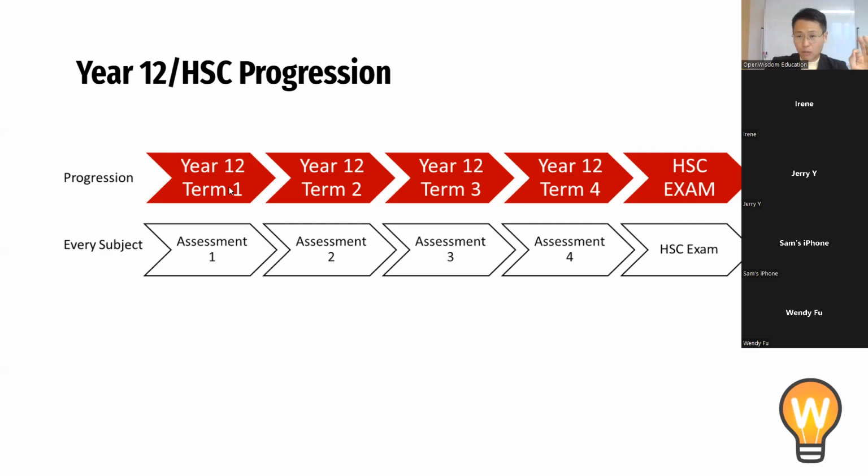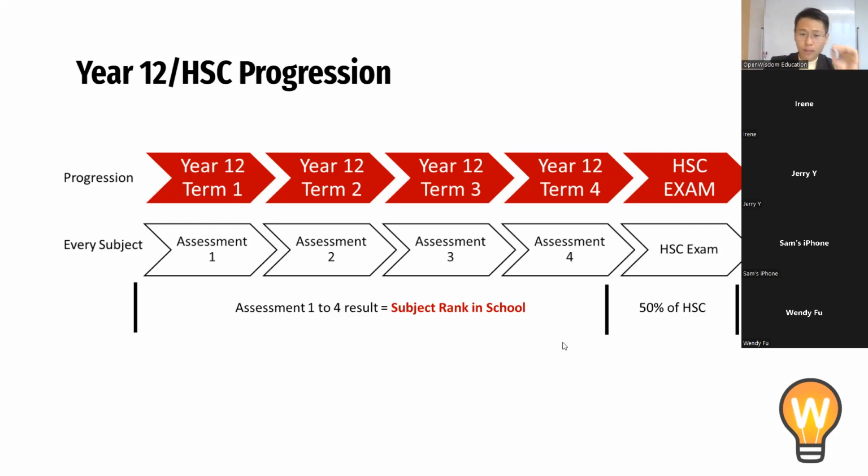So the first term of year 12 will start around October. You will be getting roughly 4 big assessments throughout the year, and these 4 assessments will determine your subject rank in your school.